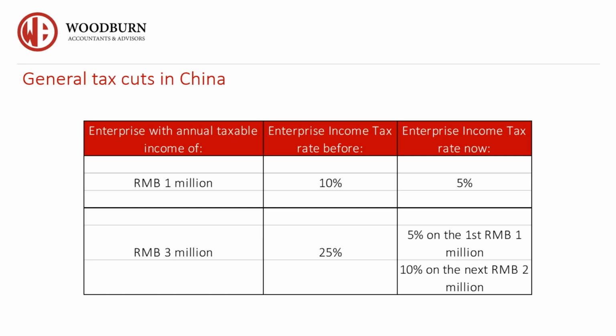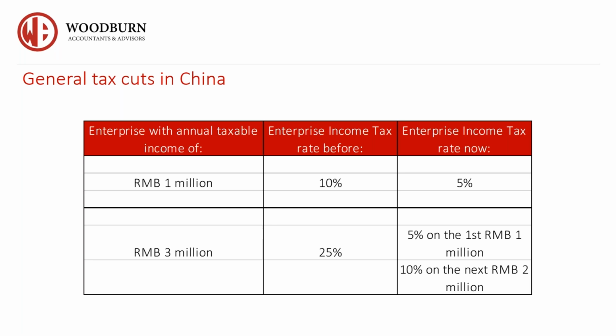And for companies with an annual taxable income of between 1 and 3 million renminbi, they also enjoy a 20% tax rate on only 50% of their income, with the remaining 50% being tax-free. So it leads to about a 10% effective tax rate for the 1 to 3 million category. So big tax cuts for companies that are really starting off in the market.